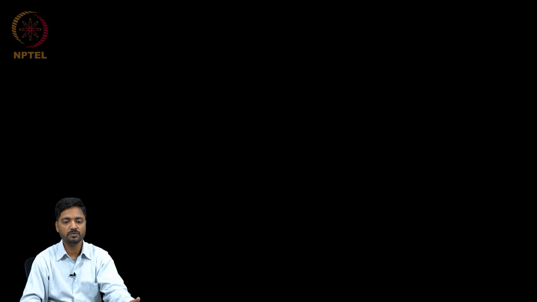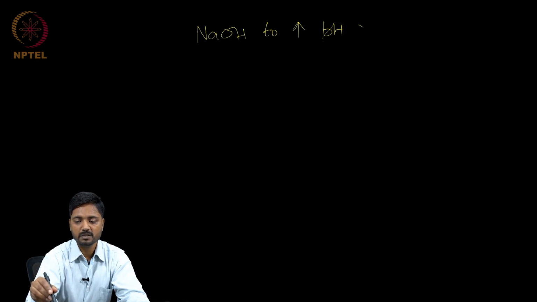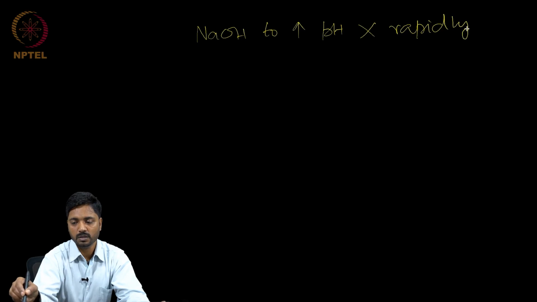Another example is when we need to increase the pH gradually. Commonly people would use sodium hydroxide to increase pH, but that happens very rapidly, which is not what we want.